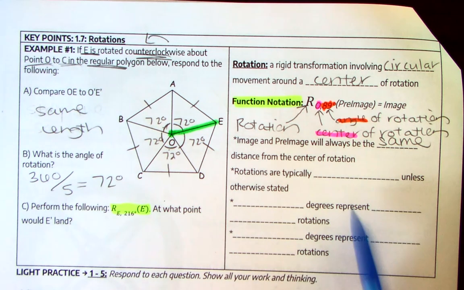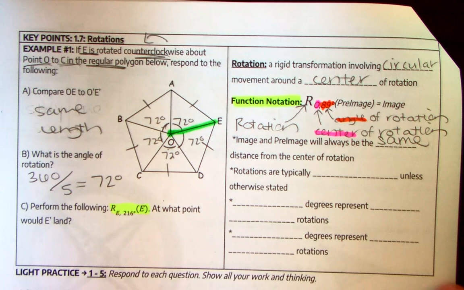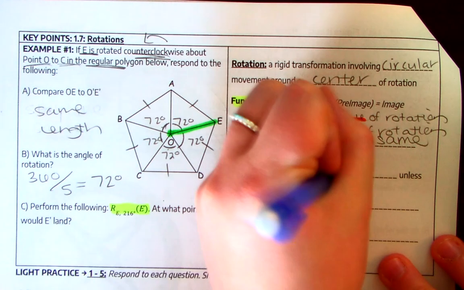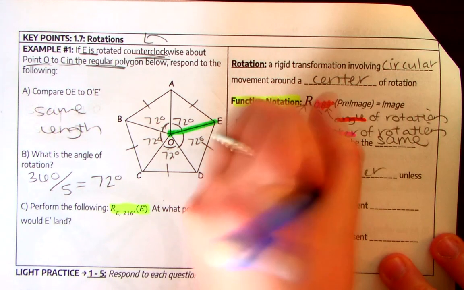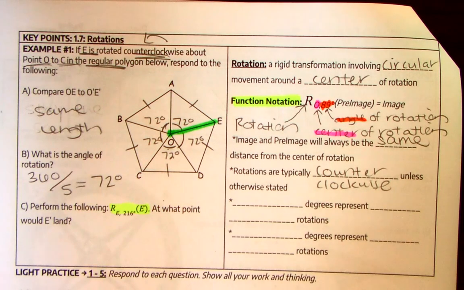Other important stuff to know is that rotations are typically, at least in math, counterclockwise unless otherwise stated. So if I tell you, rotate point E 72 degrees about point O, you can assume that's counterclockwise.